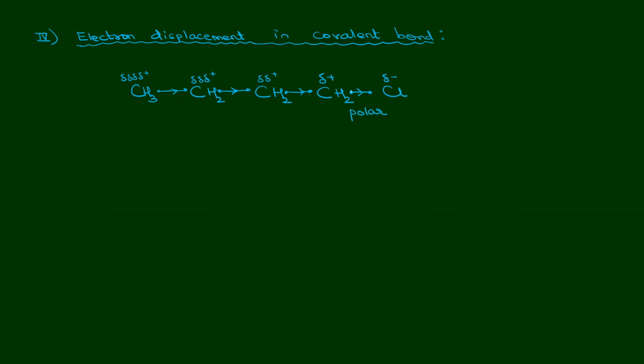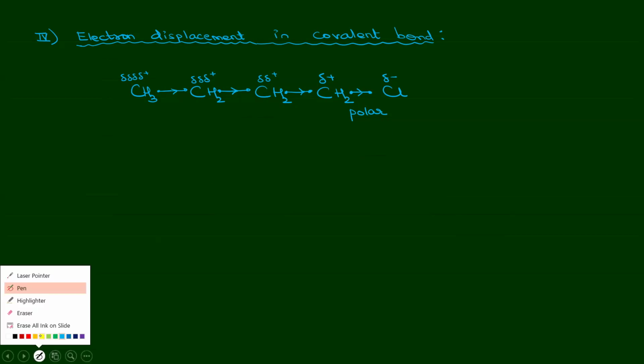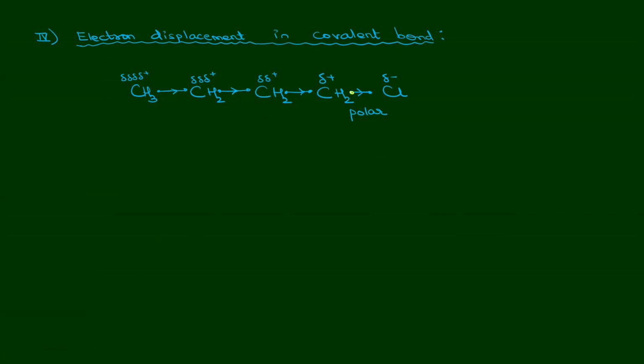So let's say this particular bond between the carbon and chlorine is the rope, and the tug of war is played by two teams, in which one team has only the chlorine atom and the other has 4 carbon atoms.